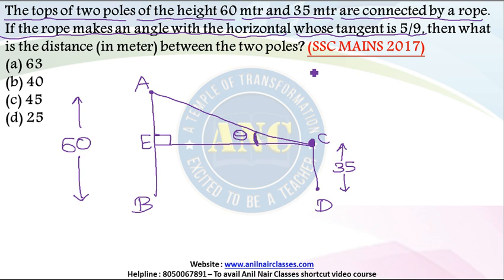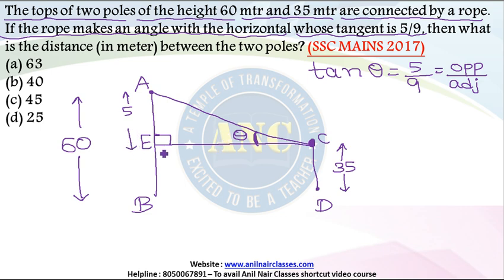That means tangent of that angle is 5/9. Tangent of angle is opposite divided by adjacent. That means the opposite side of theta is 5 units and the adjacent side of theta is 9 units, according to my assumption.